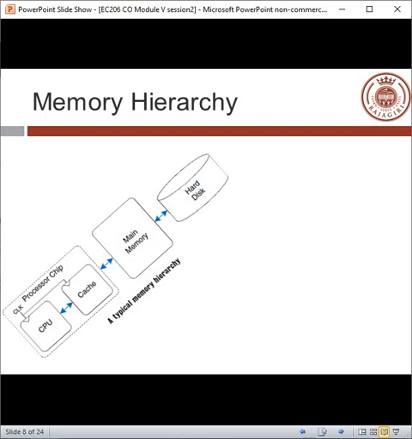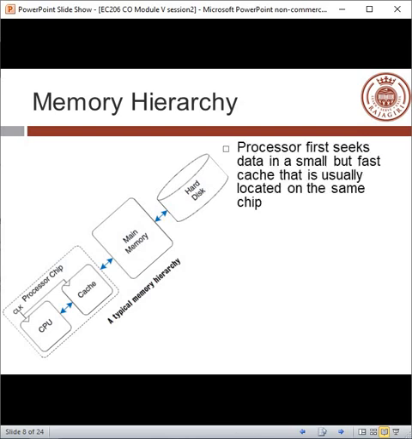This is a typical memory hierarchy. Near the CPU, we will have cache. The processor will first check whether data is available in cache. Normally, cache is a very small memory. It can accommodate only very few locations, and this cache is now incorporated within the CPU chip itself.